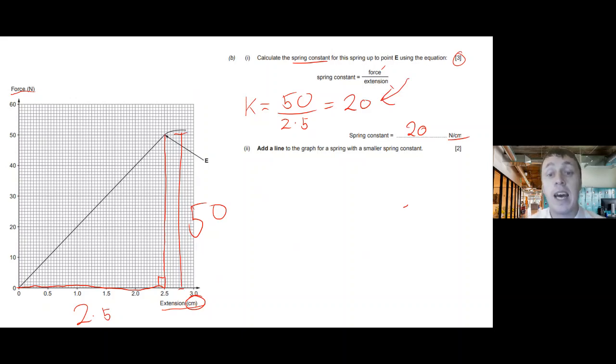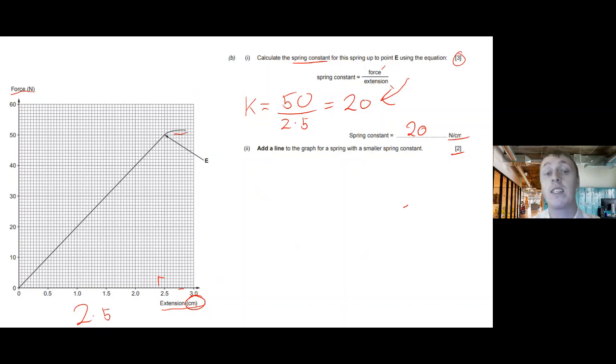The final bit, add a line to the graph for a spring with a smaller spring constant. If you did understand this topic, if you have done it already, you should remember that smaller springs will result in a line that is steeper or less steep. And hopefully if you had put the time in with revision, you understand the line will be less steep. However, you can think of the gradient as well.